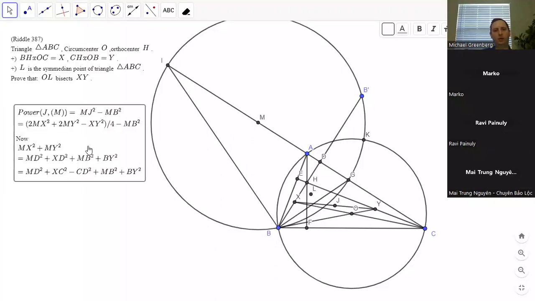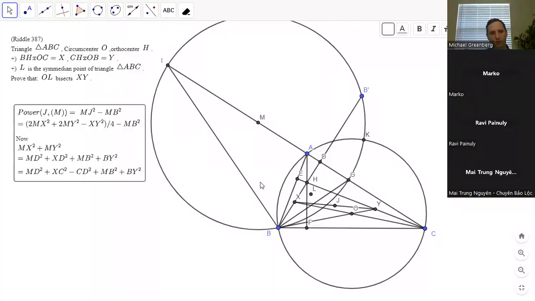But the thing is, I don't know about this MB squared plus BY squared. So is this, oh, this is a right angle. Okay. And then XD squared is XC squared minus CD squared. Okay. And MB is obviously the radius of the circle.